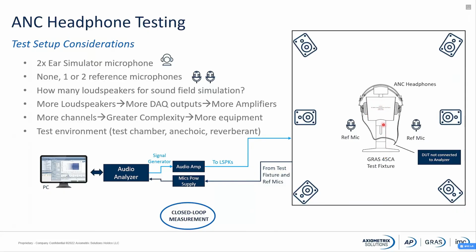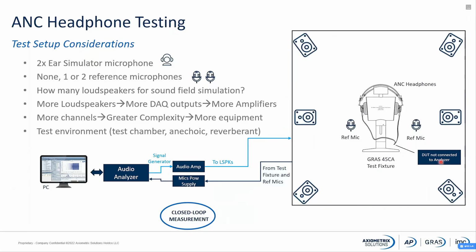And these 2 outputs of the microphones are going to be connected via a microphone power supply to the audio analyzer. And then on the generation side, we're going to have the outputs of our signal generator, which could be 1 output for each loudspeaker connected to an audio amplifier, and then sending the signals through all the loudspeakers.